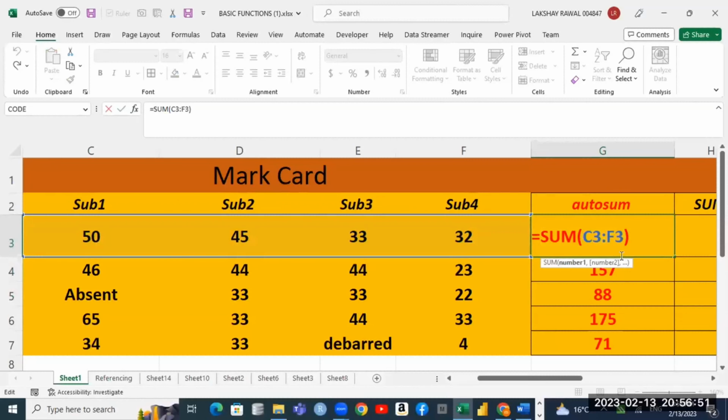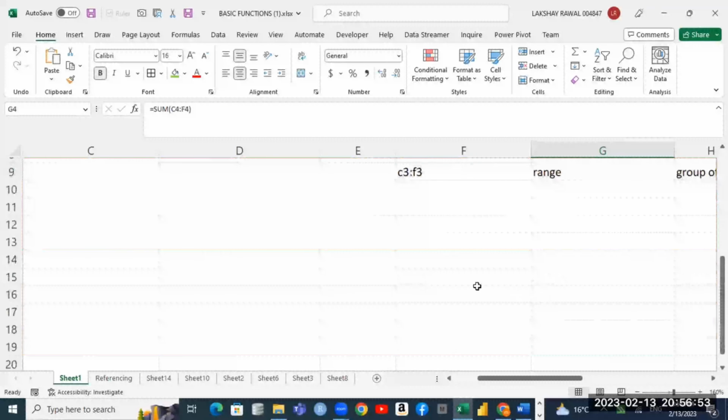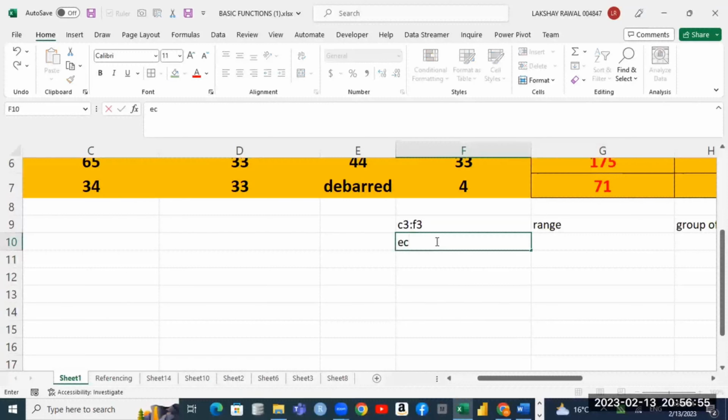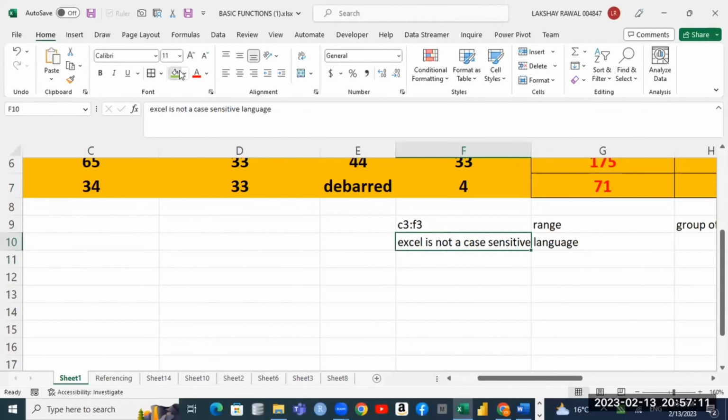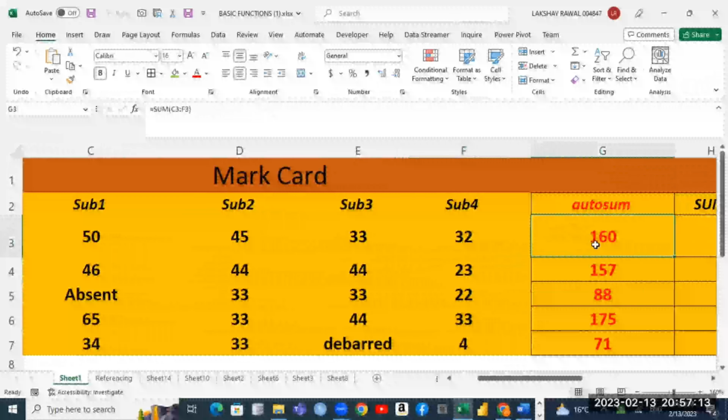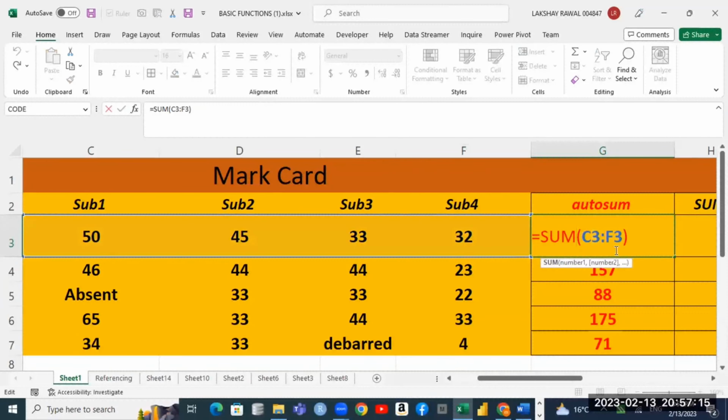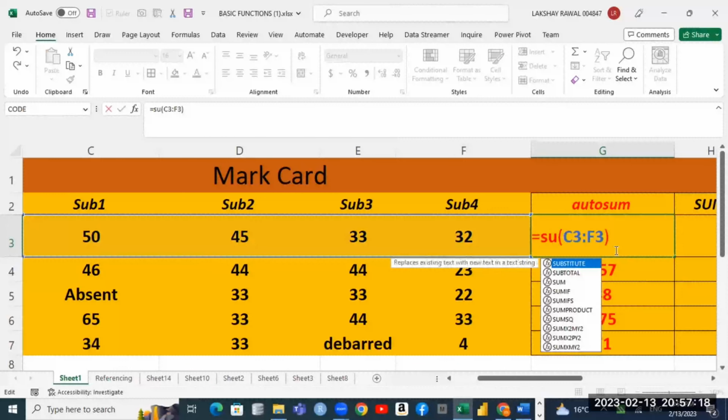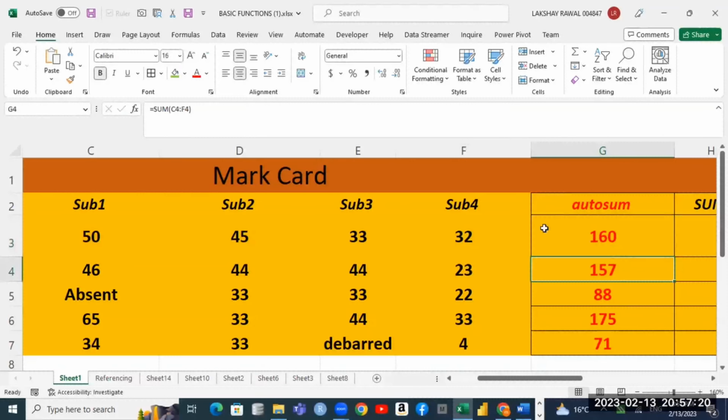And please remember this, Excel is not a case sensitive language. Not case sensitive means that if I write capital SUM or small sum, I will not get any change in the answer.